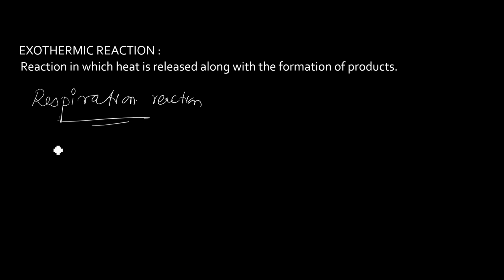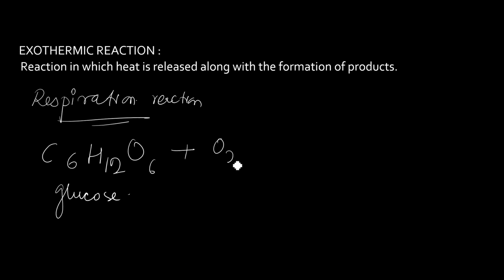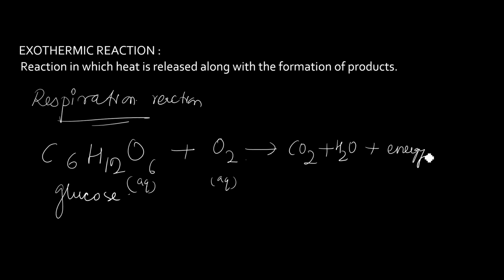In this, glucose is C6H12O6. It combines with oxygen which is present in our cells. Glucose is in the aqueous form and oxygen is also aqueous. It reacts, giving carbon dioxide, water and a large amount of energy.